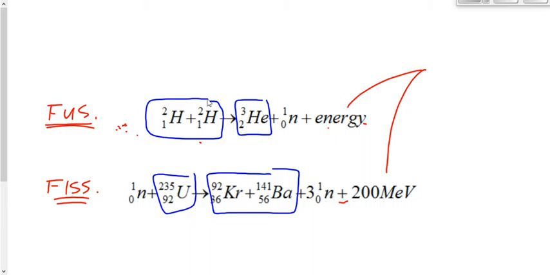In the context of a nuclear reaction, the mass defect is the difference in mass between what we start with and what we end with. Which one's going to have more mass? Let's call it reactants and products, even though it's really parent and daughter. Which one's going to have more mass, the reactants or products?